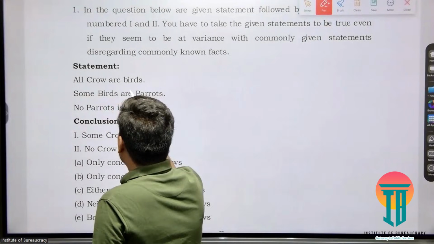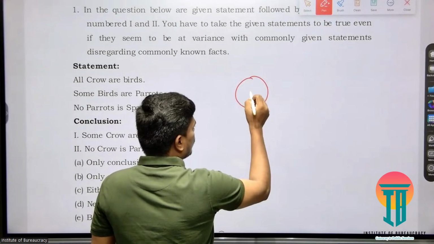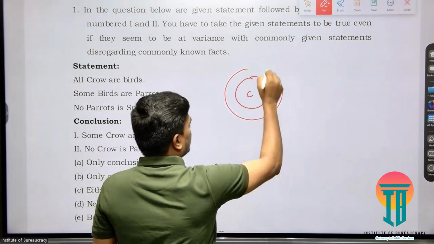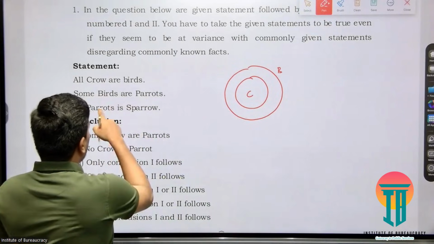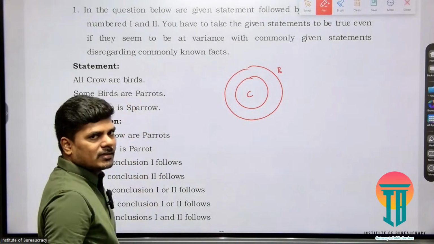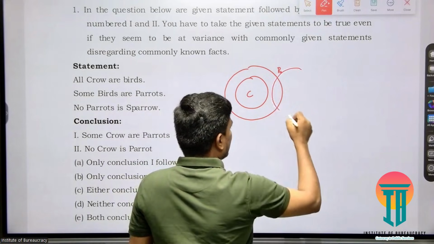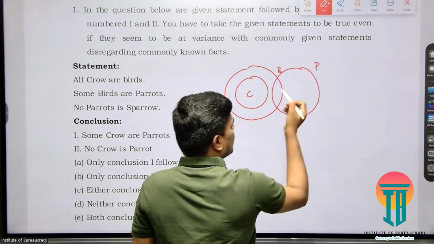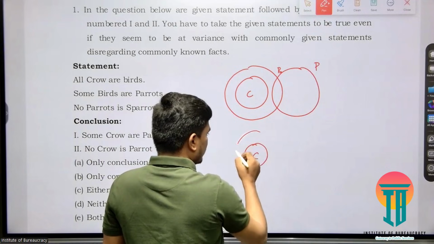All crow are birds. That means what? All crow are birds. Some birds are parrots means it can be drawn like this, or it can be drawn like this also.